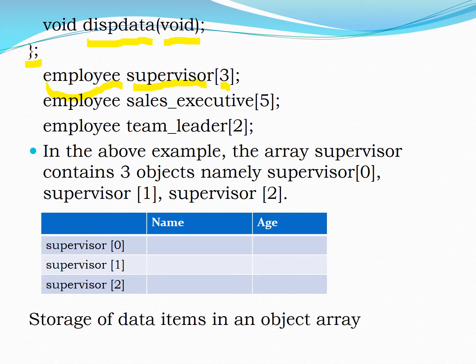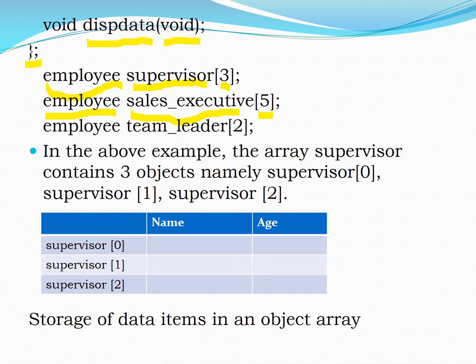Once I declare supervisor array of 3, we can have 3 supervisors, which can share the same data members called name and age. I have also created one more object, with employee as the class name, followed by sales executive, an array of 5.